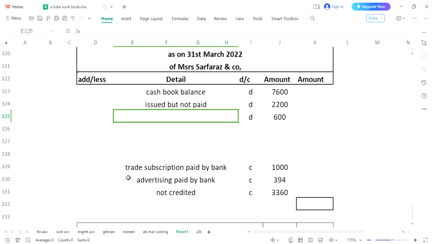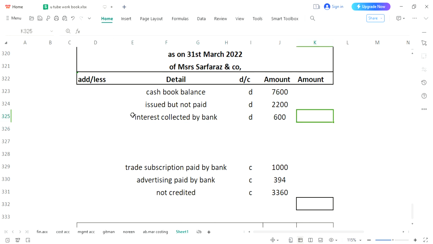Interest collected by bank. Please note it down. Here you can see paid by bank two times, payments by which the bank amount has been decreased. And here, what had the bank done? Collection by bank, which means the amount has been increased. So in this way, all entries are completed.